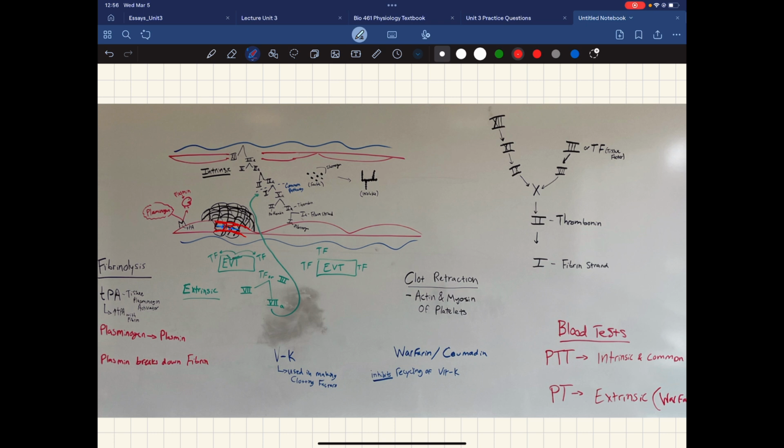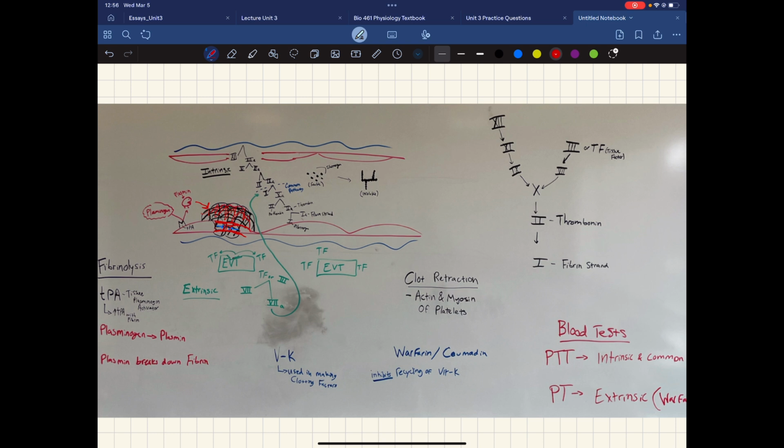But as it's floating along, if TPA is more active because of fibrin, it will take plasminogen and convert it into plasmin. Plasmin is the active state of plasminogen, and it will come and do its work on fibrin, break it down, and get rid of it.